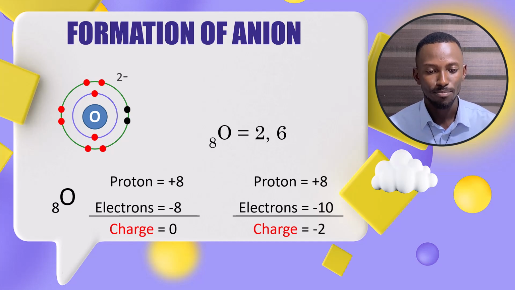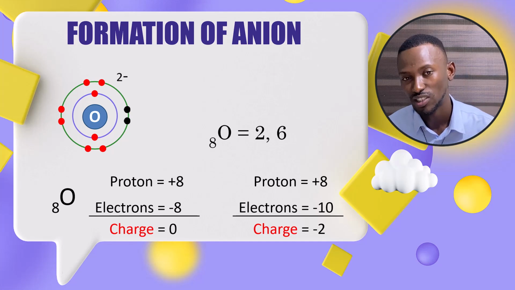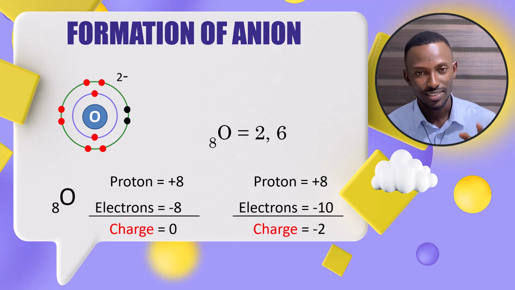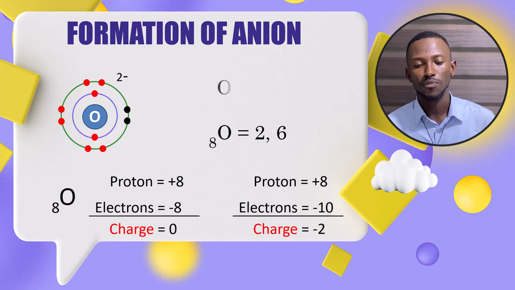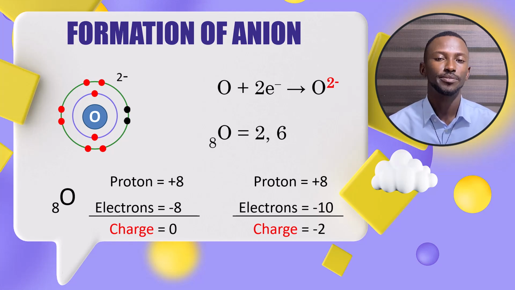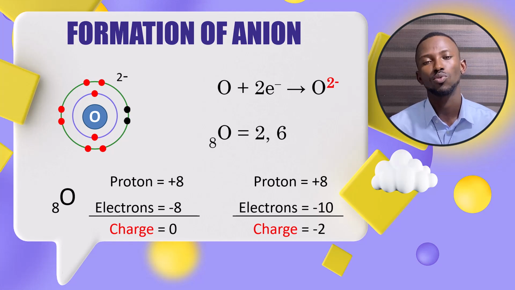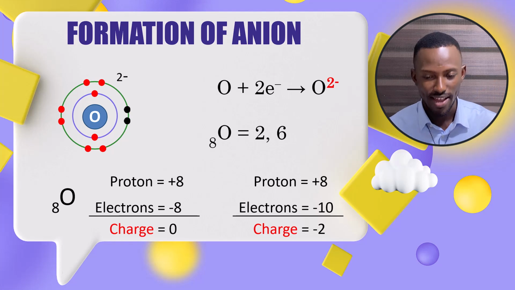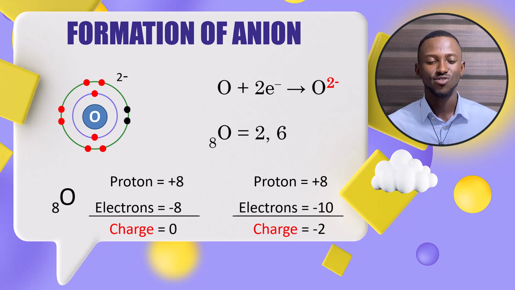So that ends up being the charge of the oxygen atom. That is an anion. In terms of equation, that is oxygen plus 2 electrons giving us the oxide ion. So the negative 2 on top of the oxygen tells us that it has gained 2 extra electrons.